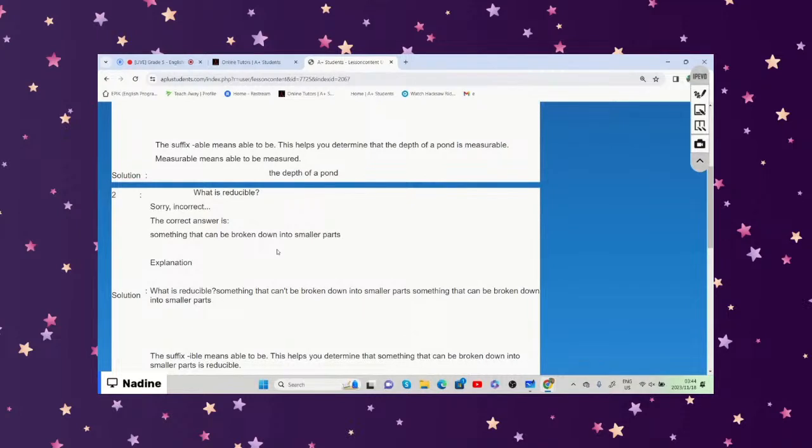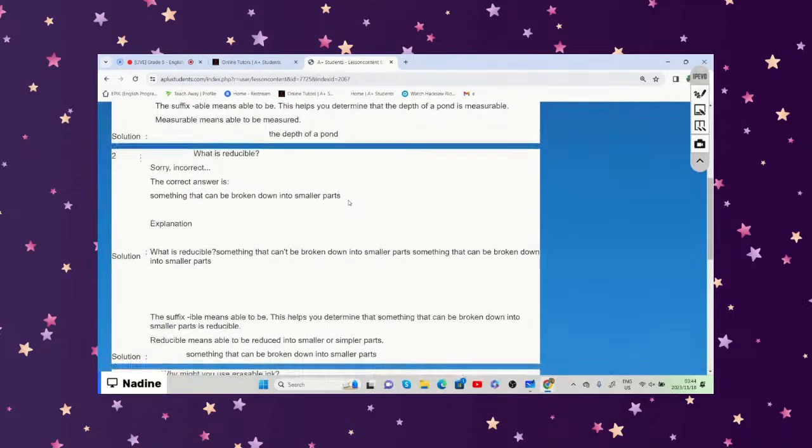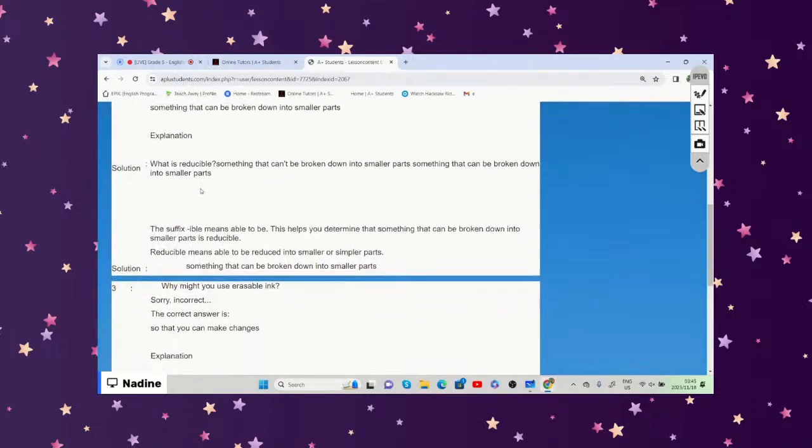Something can be reducible, right? When it can be broken down into smaller parts. Because reduce means either to lessen or to make something smaller, right? Or in this case, it is something that can be broken down into smaller parts. And that means it is reducible, right? We are able to make it smaller. We are able to break it down, right?